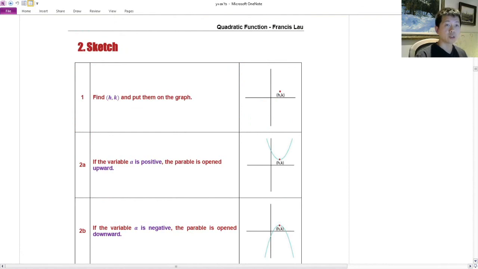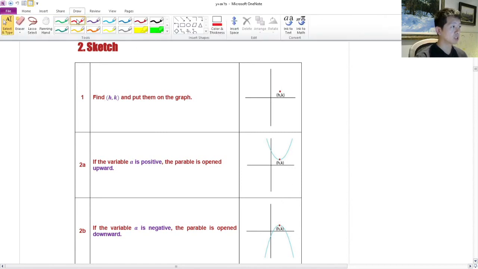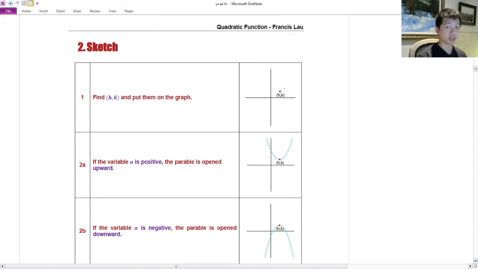Okay, so to sketch the graph of a parabola is actually not too hard. The first thing we need to do is look at the H and K. We need to put the H and K on the graph. Okay, that's the vertex. And then we look at the parameter A. Oh, here, I actually misspelled this. This is parabola. Okay, if A is positive, then it's open upward.